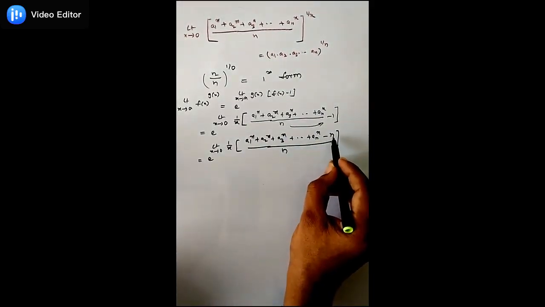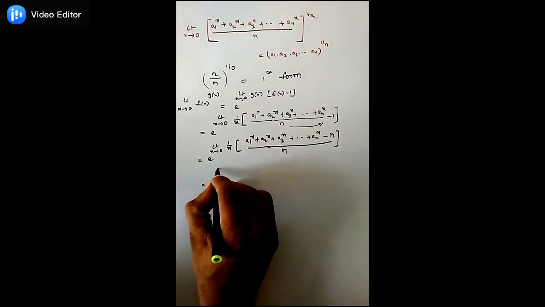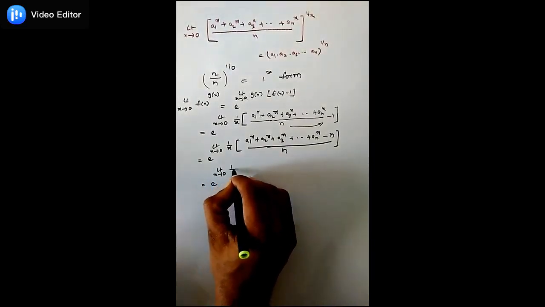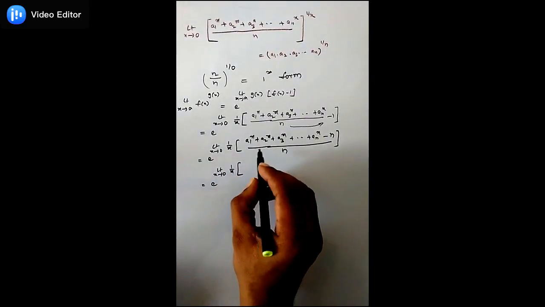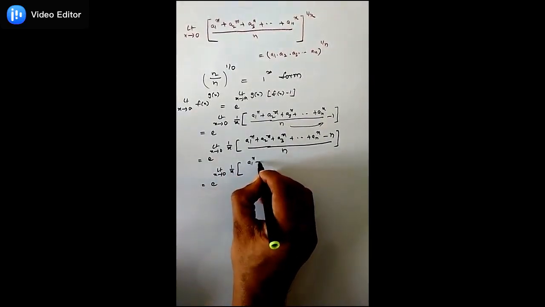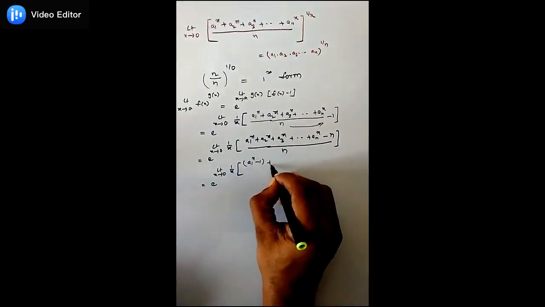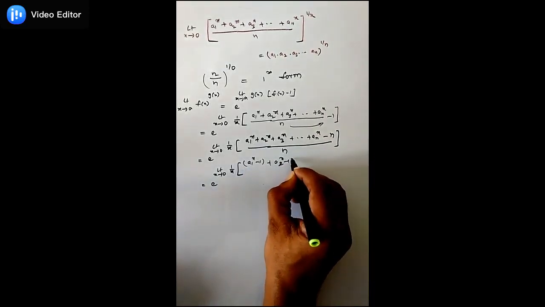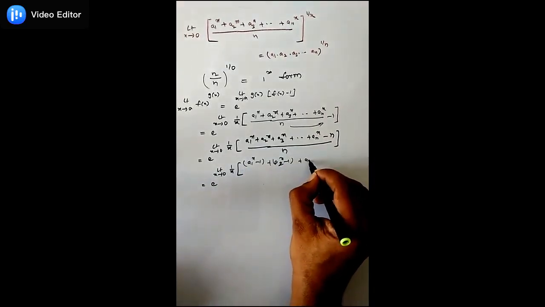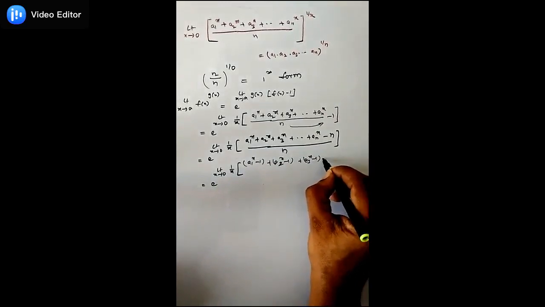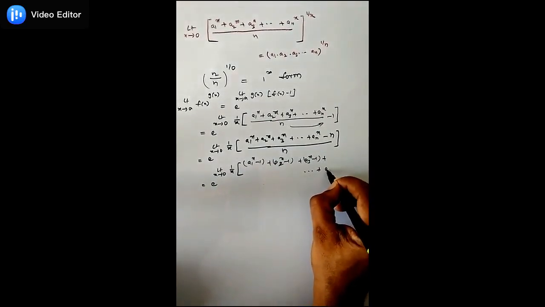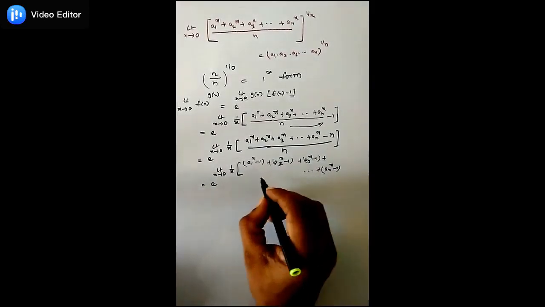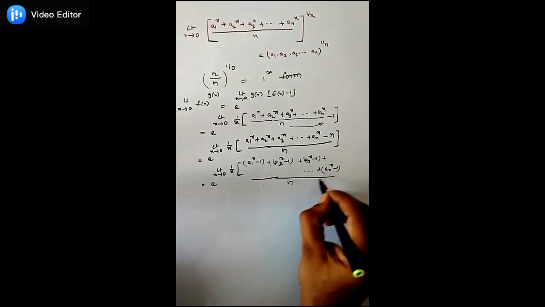So we have n here. We can adjust that n as per our requirements, like a1 power x minus 1, a2 power x minus 1, a3 power x minus 1 and so on, an power x minus 1, whole by n.